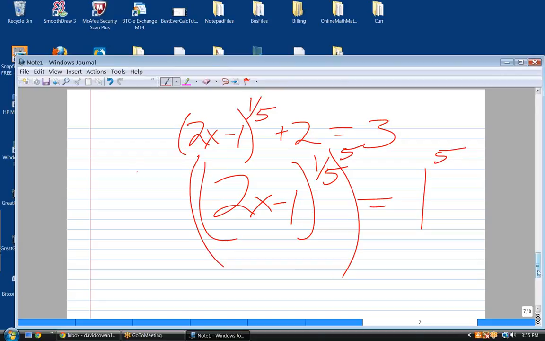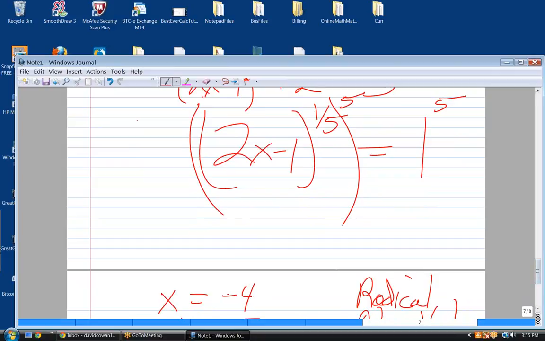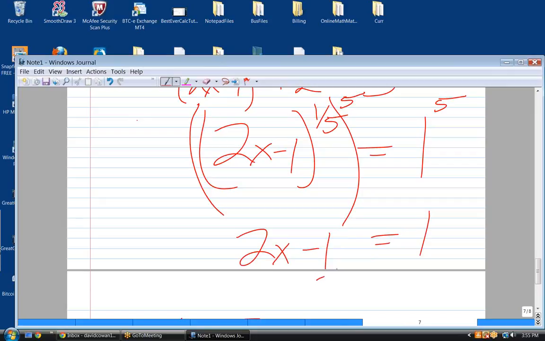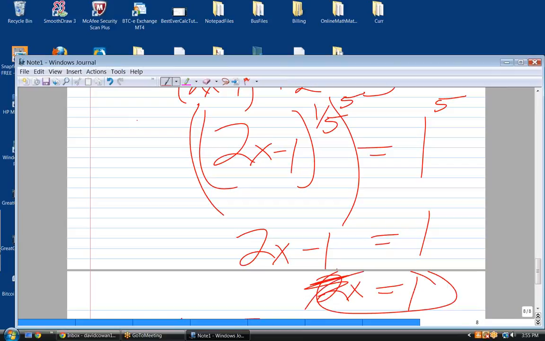What's that leave on the left side of this equation? And so that would give you 2x minus 1 equals 1. And then you add 1 and divide by 2. So I guess x equals 1.